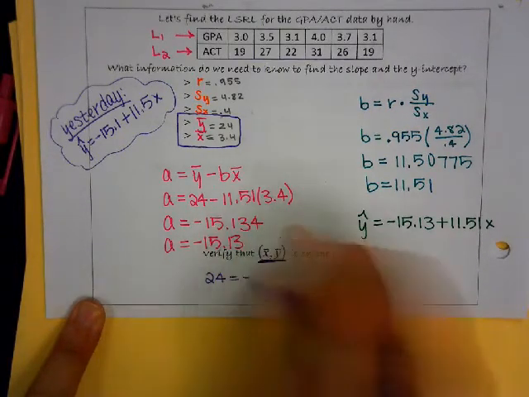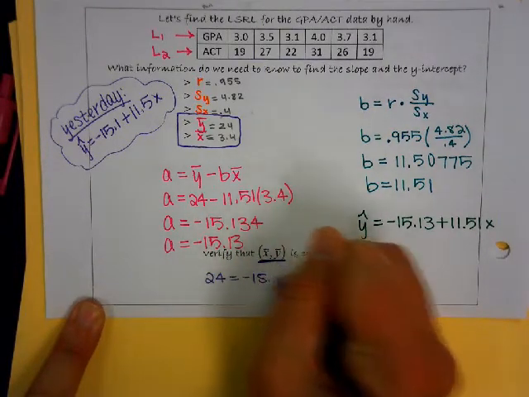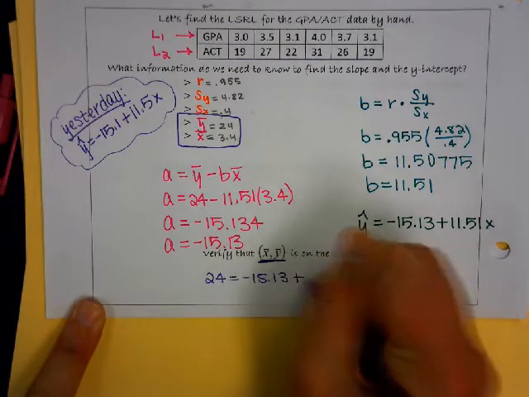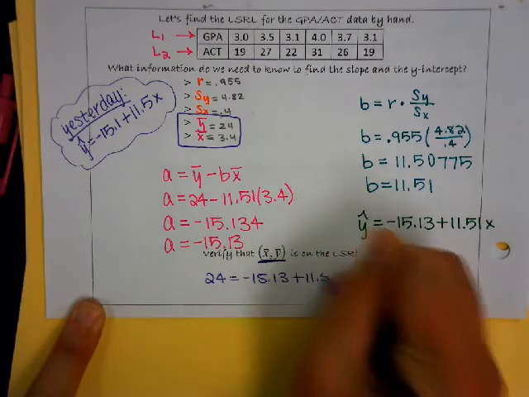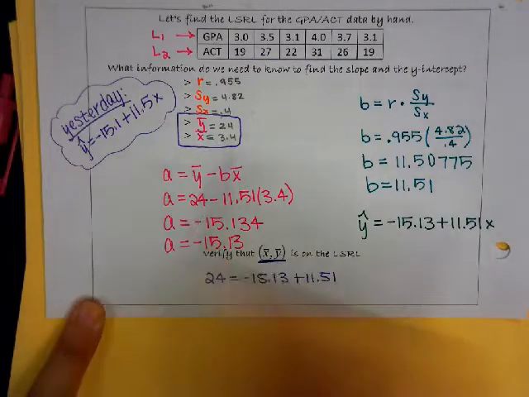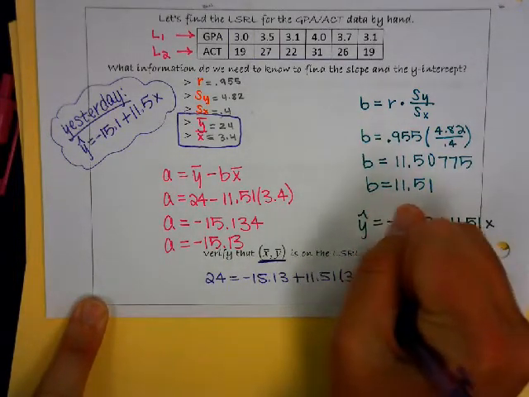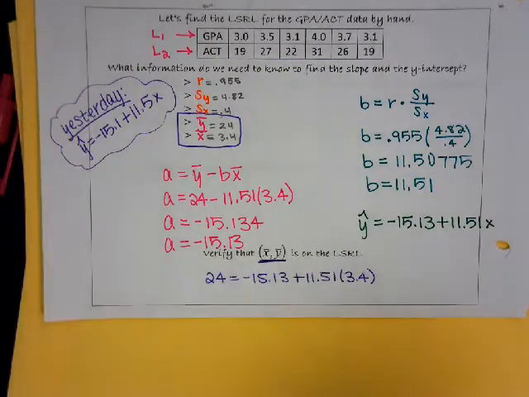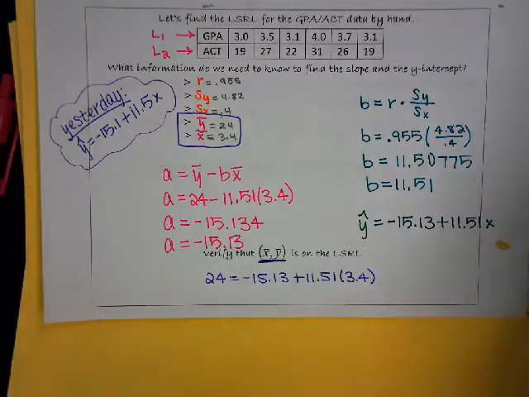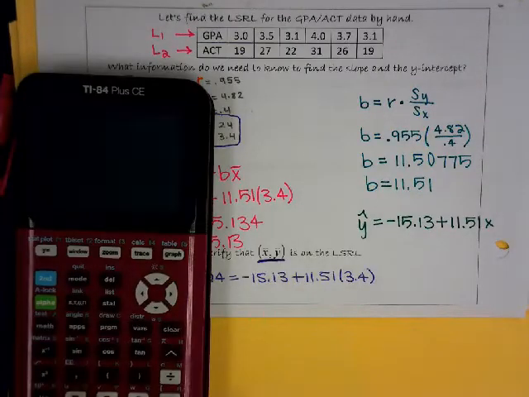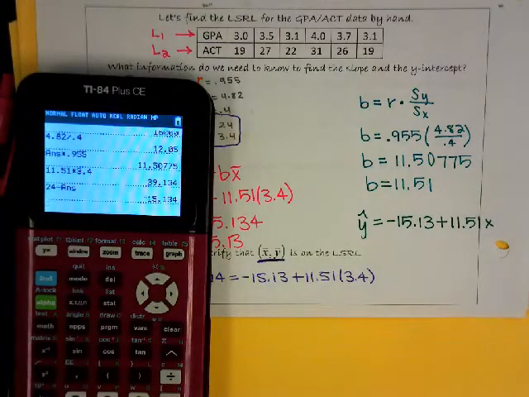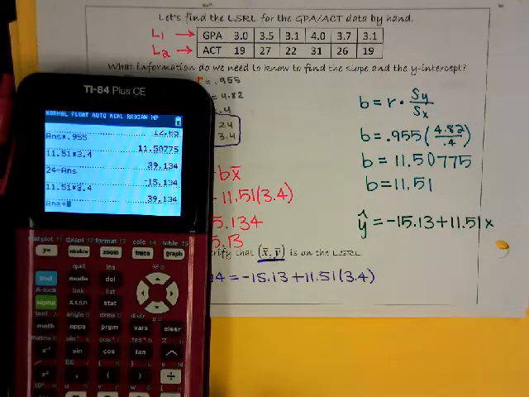And then I'm going to put 3.4, which is my x bar, in for x. And then I'm just going to show that hopefully this right-hand side is going to give me 24. It may not be exact because I did some rounding, but it should be pretty darn close. So 11.51 times 3.4, and then I'm going to add a negative 15.13. So I get 24.004.